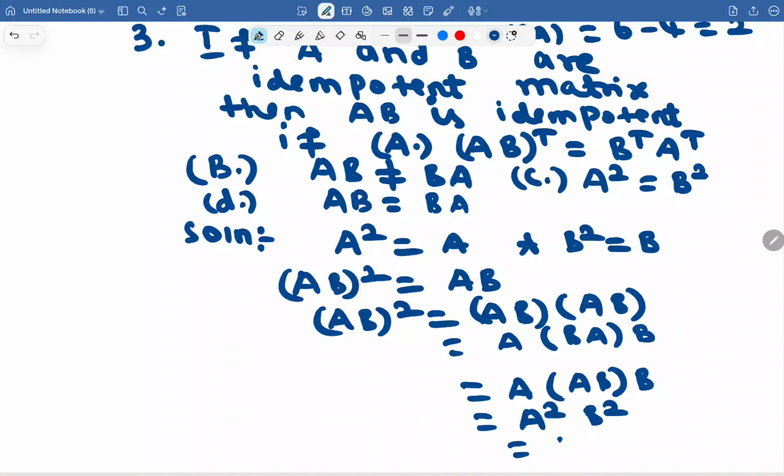Since A is idempotent, A square is A, B square is B, so AB whole square equal to AB, which is possible only if AB is equal to BA. For this problem, the fourth option is the correct one, that is option D.